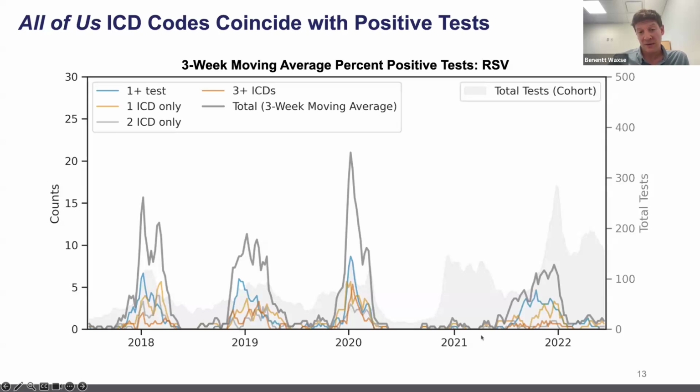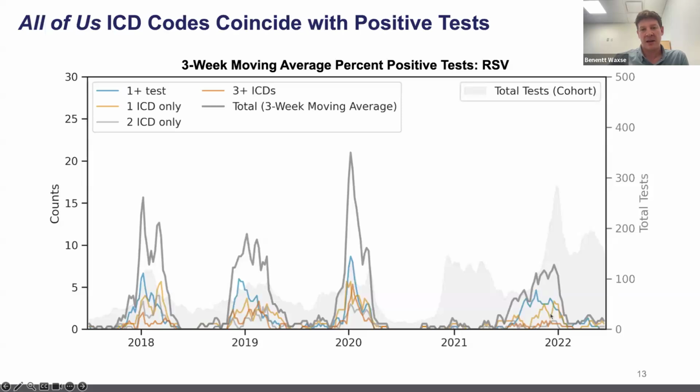We can zoom in again to COVID, and find that almost no detection was found when we knew that there wasn't transmission of RSV. And then later, when there was an out of season rise in RSV results, we did detect it. And interestingly, if you zoom in at this blue line, there's an increase in all the test-positive cases that arises before ICD-only cases, which I think makes sense.